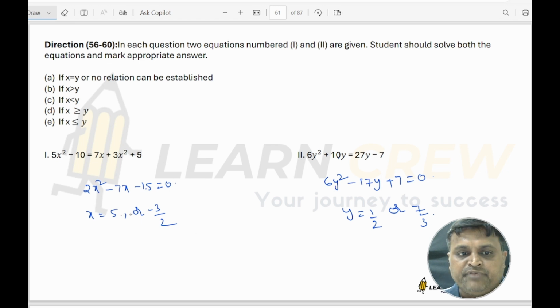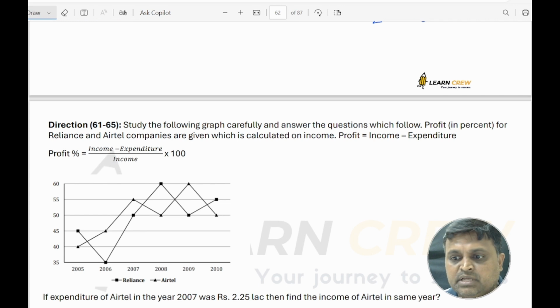So here 5 is greater than 1 by 2, 5 is greater than 7 by 3. Minus 3 by 2 is less than 1 by 2, minus 3 by 2 is less than 7 by 3. So the relationship cannot be established. Option A is correct. Now next question.